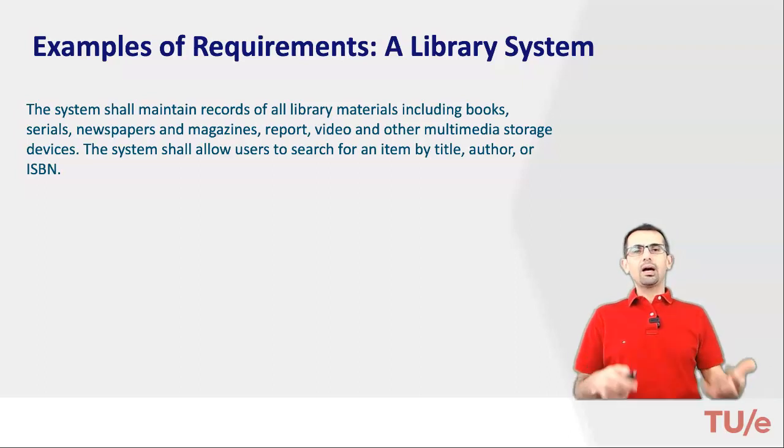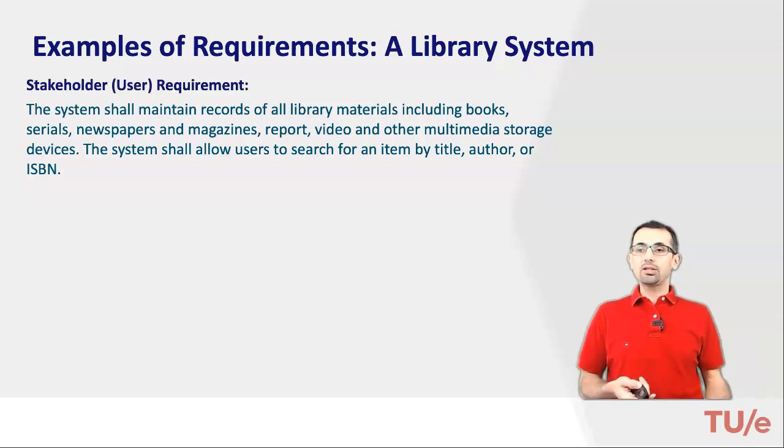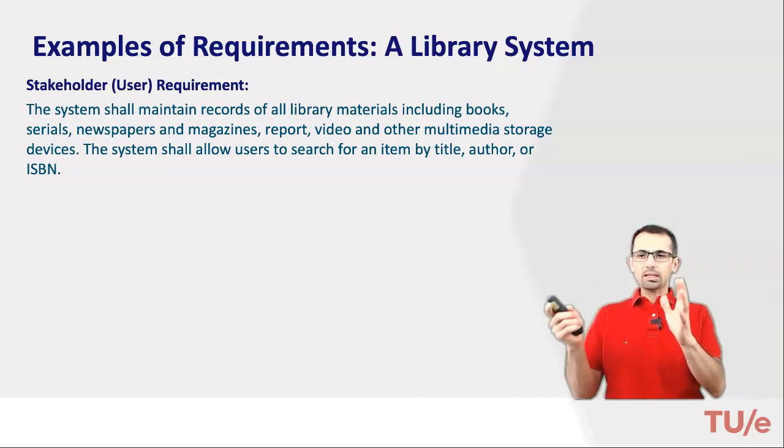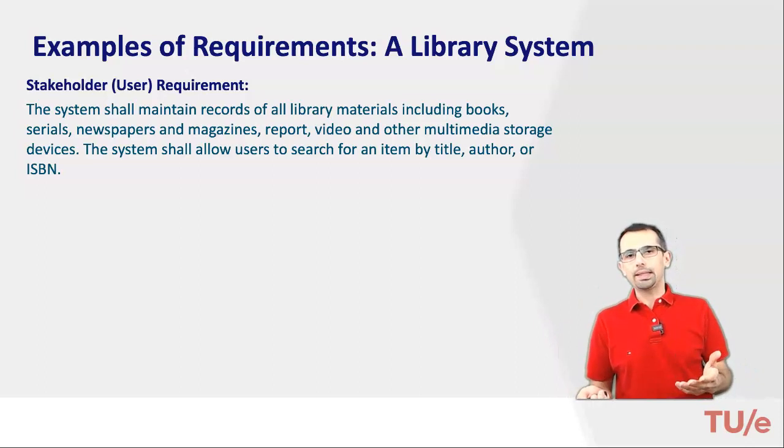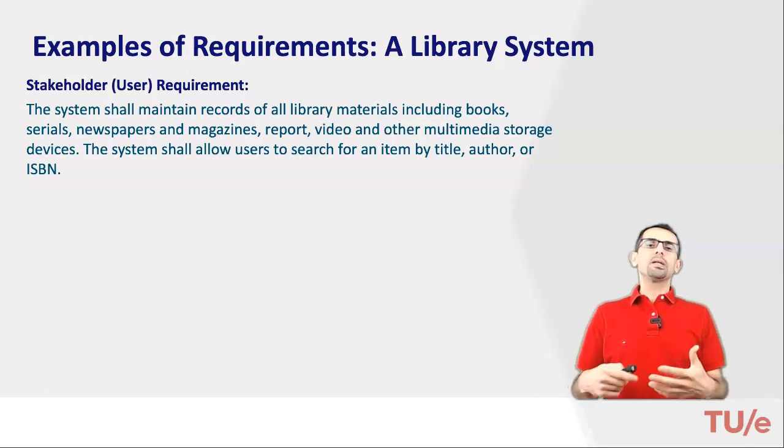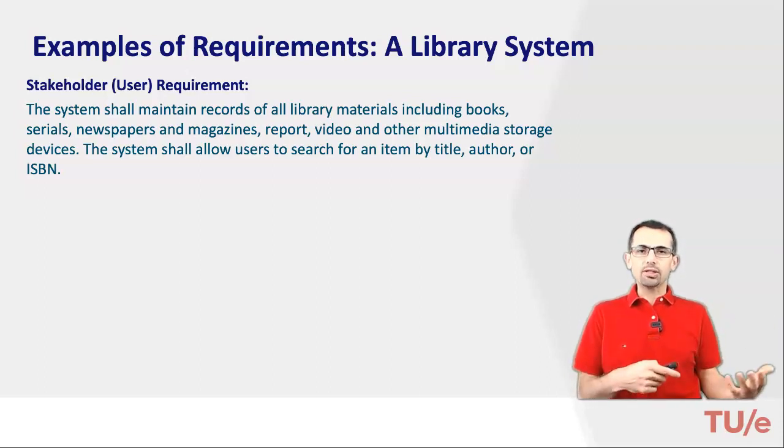So it defines how a system should behave. It's not black and white, but we may call this type of requirement a user requirement. It's a functional requirement, something that a user can easily understand and associate himself or herself with.